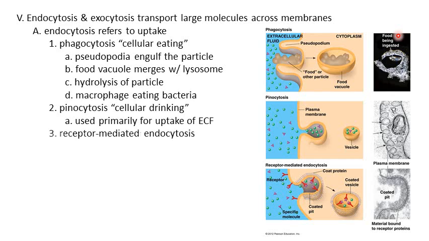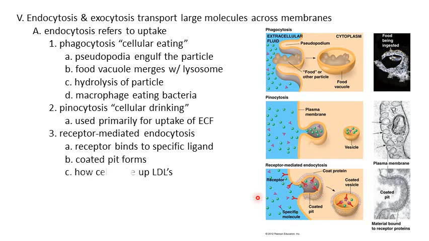We also looked thirdly at receptor-mediated endocytosis, where a receptor must bind to a specific ligand. In this case, this little purple triangle represents the specific ligand. And I gave the example of something like LDL. Low-density lipoproteins can behave as a ligand to help stimulate the cell to take up the LDLs.